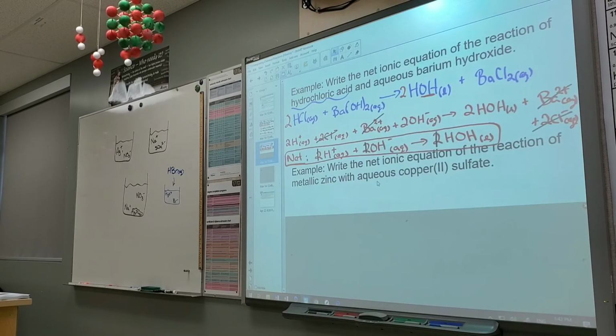Okay, the only difference between here and here is they can be split. So the zinc can't be split up. Good. The copper 2 sulfate gets split up into copper 2 and sulfate in this state. The zinc sulfate gets split up into zinc 2 and sulfate. Okay, and then what happens?